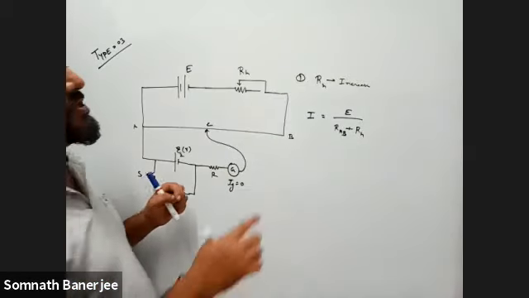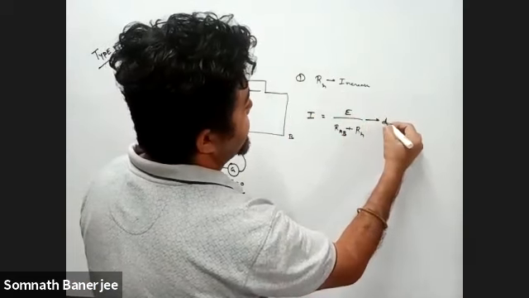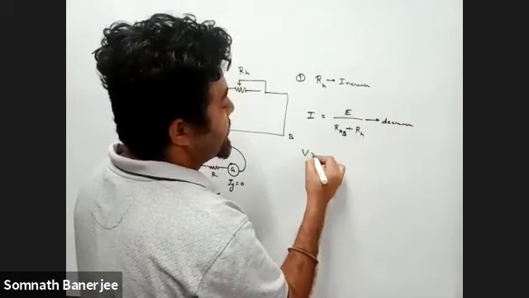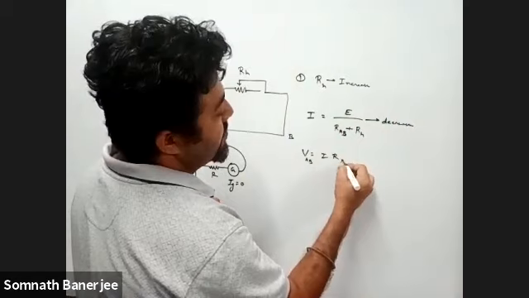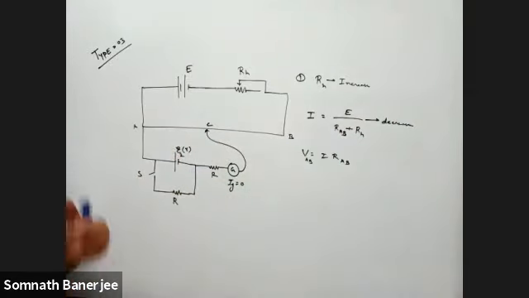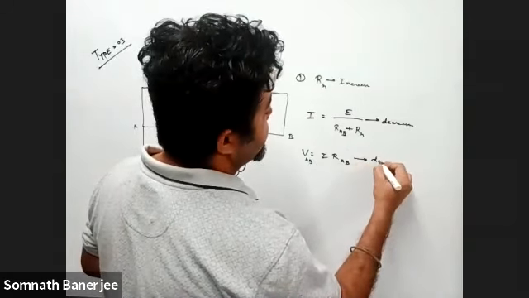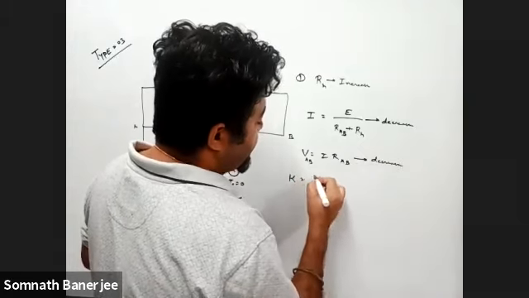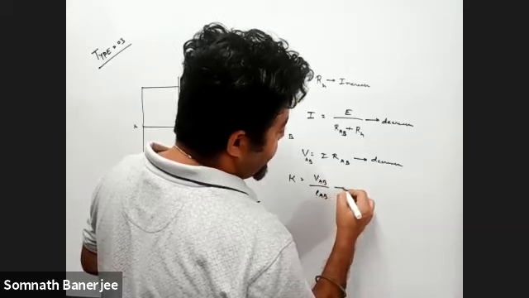So if RH increases, then I decreases. When current decreases, the voltage of AB, that is current into resistance of the potentiometer wire AB, also decreases. So the potential gradient, voltage of AB by length of AB, also decreases.